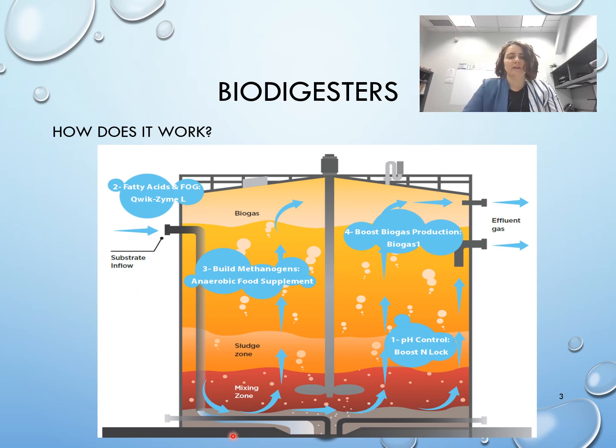And so we're pushing that into the bottom of a chamber where we have a mixing blade, much like we would see in a flocculator or any other type of mixing chamber. And we have this mixing zone down at the bottom where things that are being pumped in mix with what's already in the tank. Above that we have what's called the sludge zone.